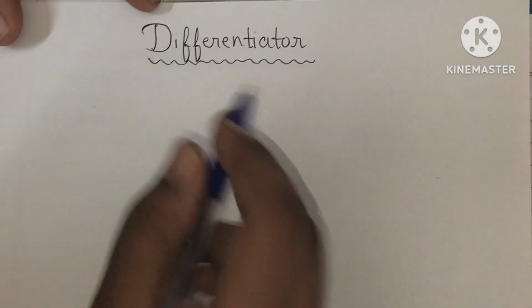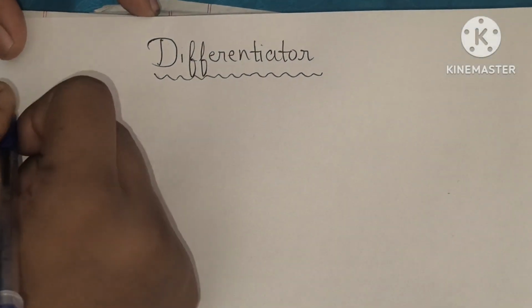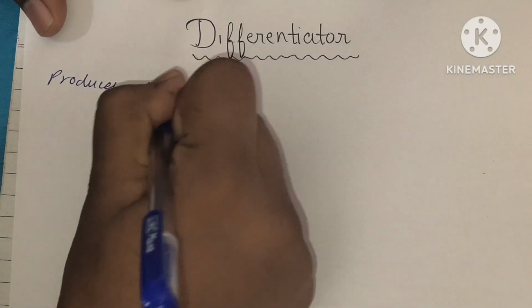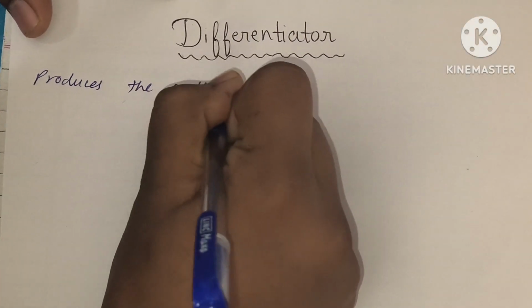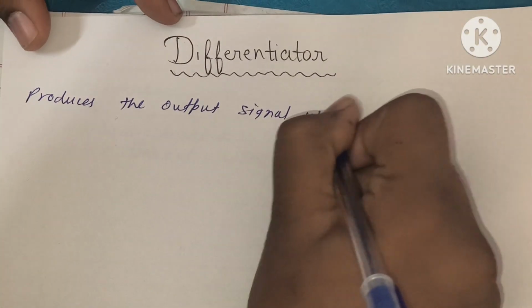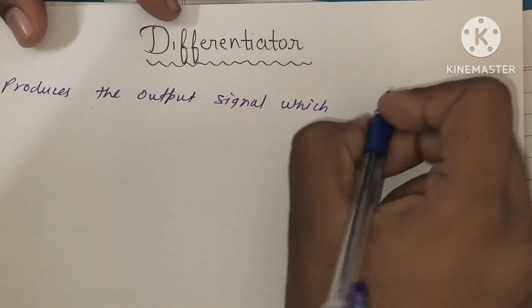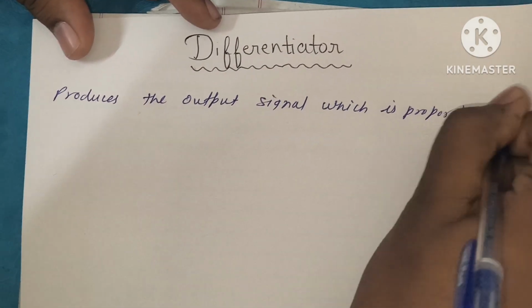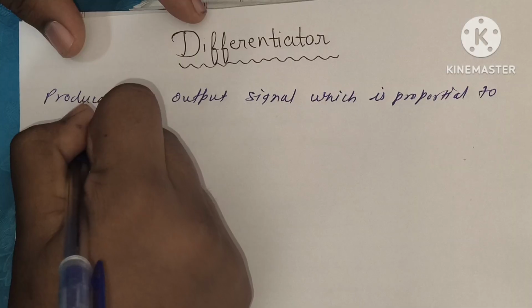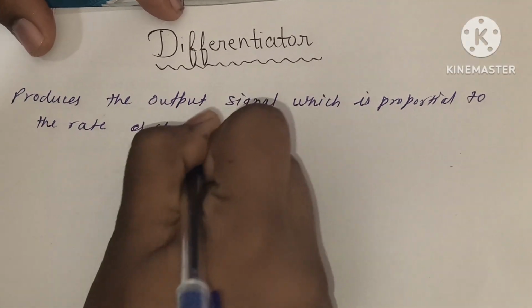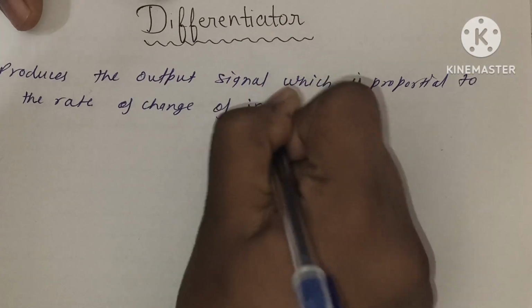So now we will see the differentiator. The differentiator circuit produces an output signal which is proportional to the rate of change of the input signal.